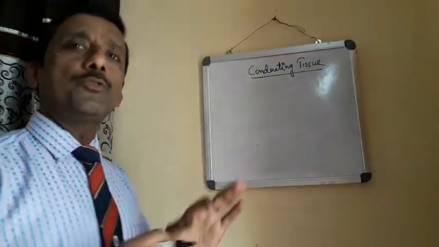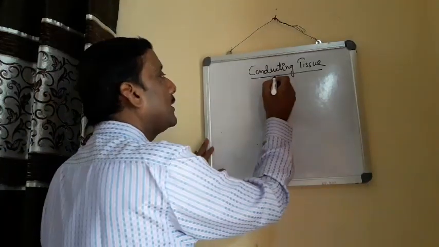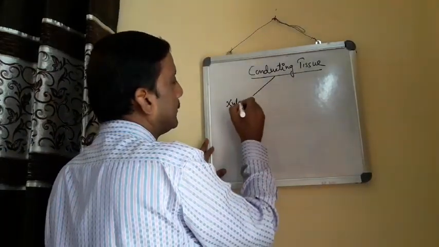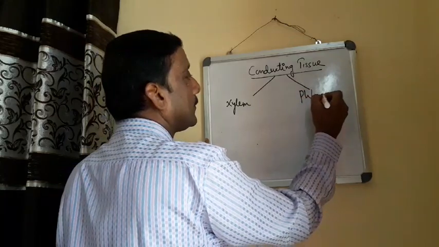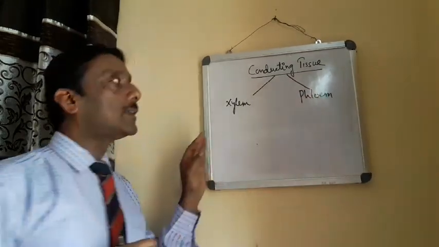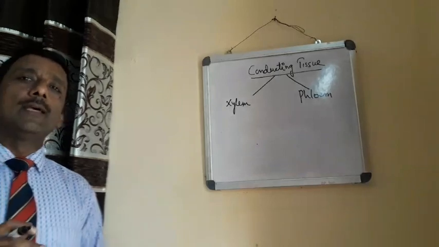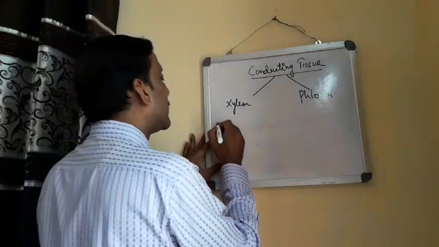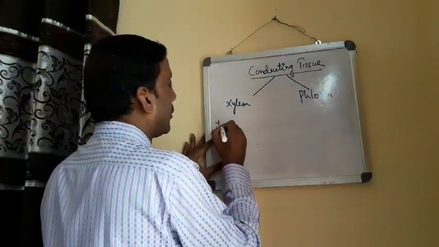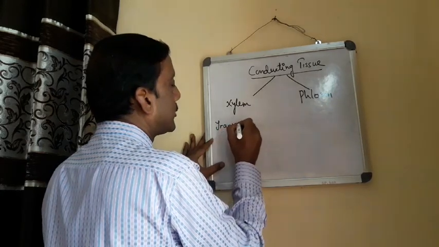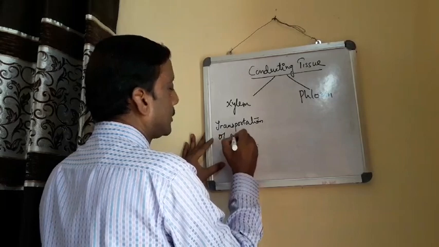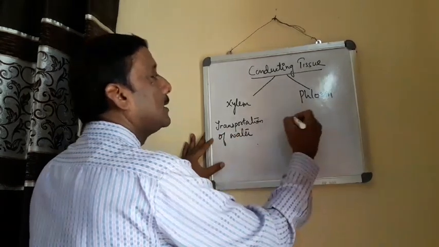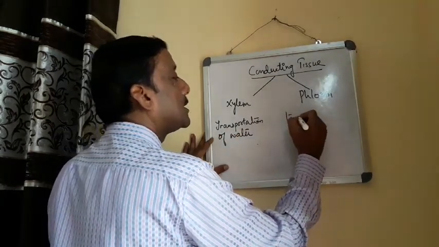The conducting tissues are of two types: xylem and phloem. Xylem helps in the transportation of water, whereas phloem helps in the transportation of food.